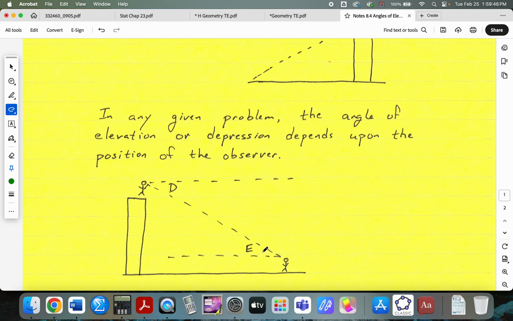And here's the important part: because these two lines are parallel to one another, the angle of depression and the angle of elevation are always the same size, because they're alternate interior angles made by parallel lines. So if you don't like the angle of depression and can't remember where it goes, just pretend it's an angle of elevation, because they're always the same size.